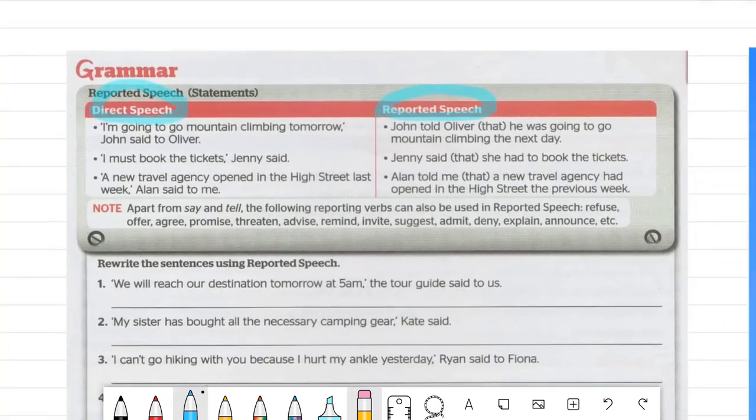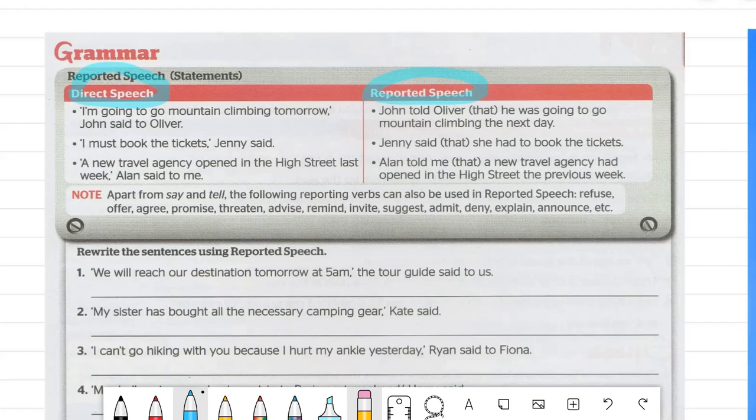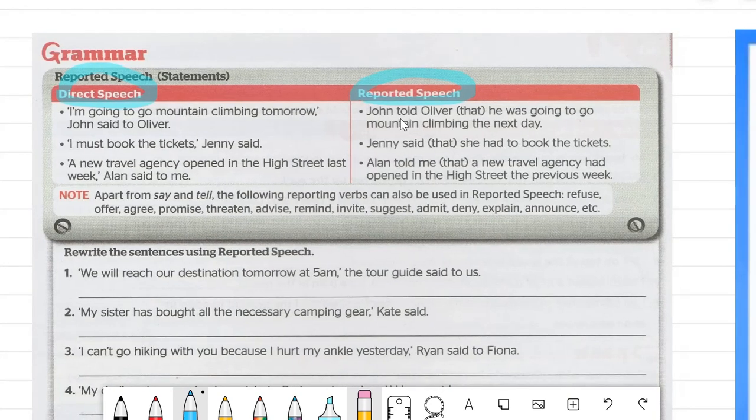Let's look at the table again and read the sample sentences given here. The first one. "I'm going mountain climbing tomorrow," John said to Oliver. But the reported speech form will look like this. John told Oliver that he was going to go mountain climbing the next day. All right, let's look at the next one.